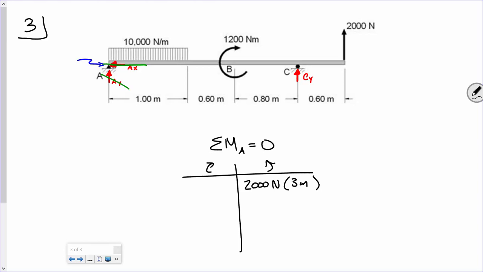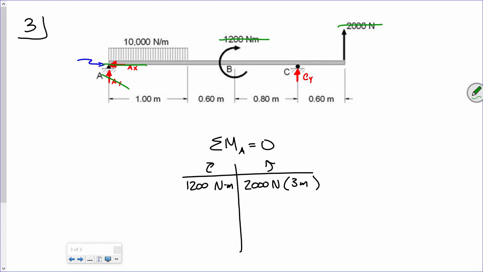Make sense? All right. So that takes care of that one. Now, the 1200, that is a concentrated moment acting in the clockwise direction. So you just straight put that number right there. Simple.